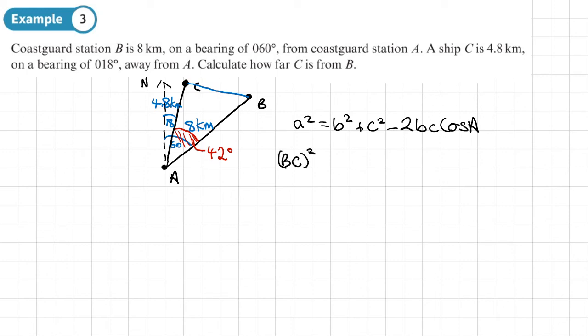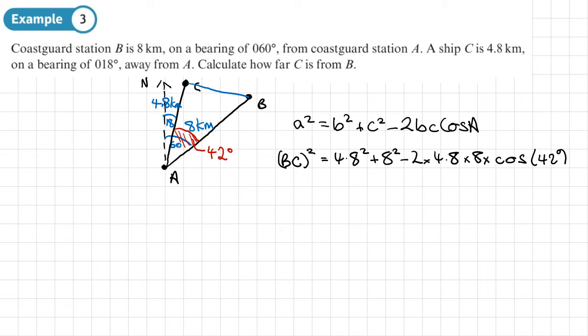So side BC squared is equal to the two sides that we do know. So that's the 4.8 squared and the 8 squared, minus 2 times 4.8 times 8 times the cosine of the angle between those two sides, which is 42 degrees.